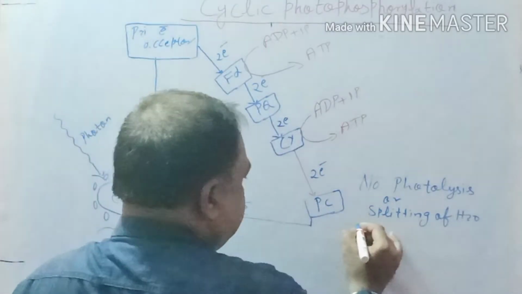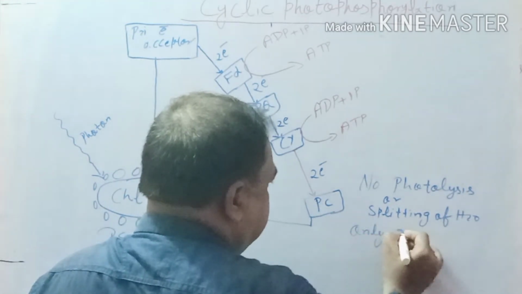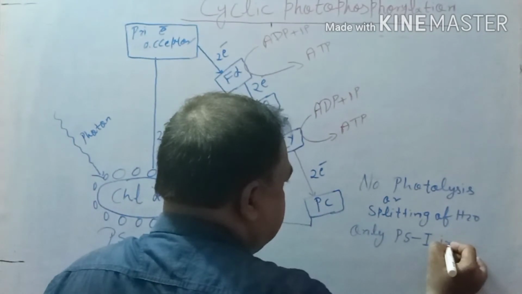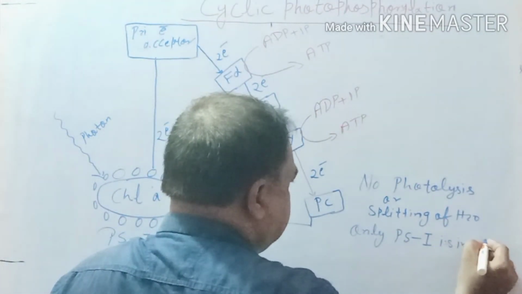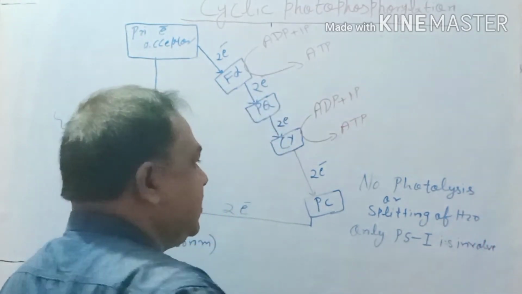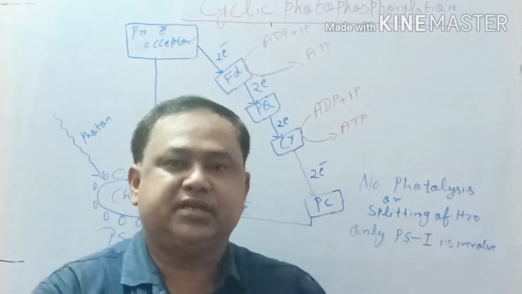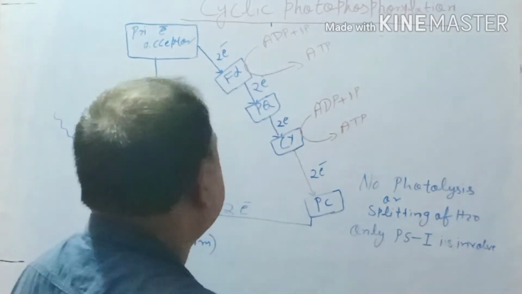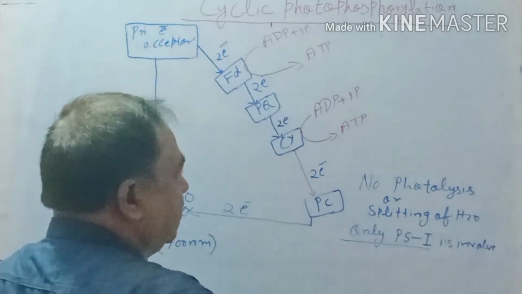Here only PS first is involved, while in non-cyclic photophosphorylation both PS first and PS second are involved.